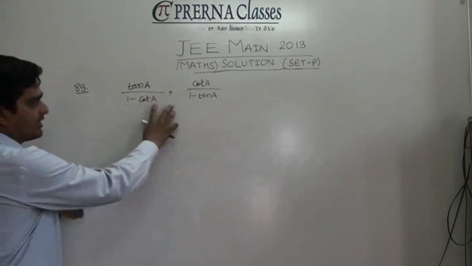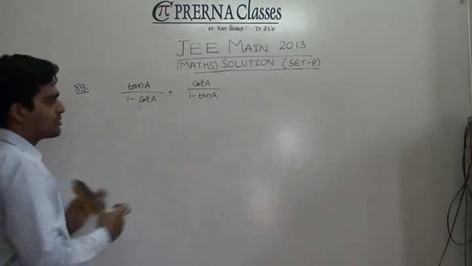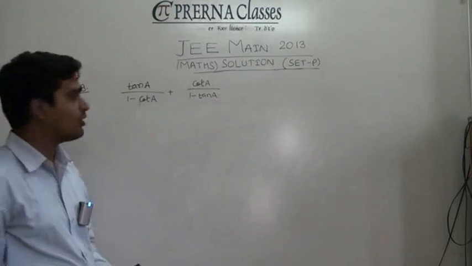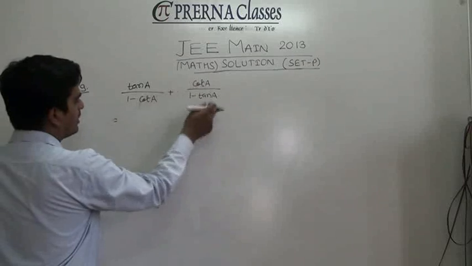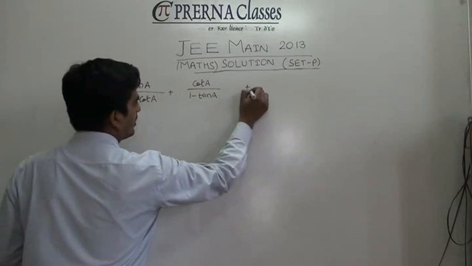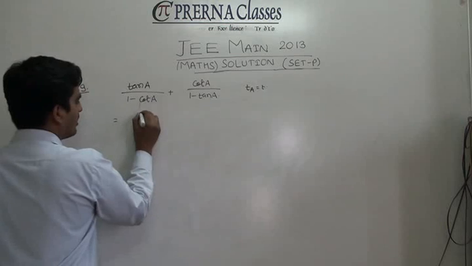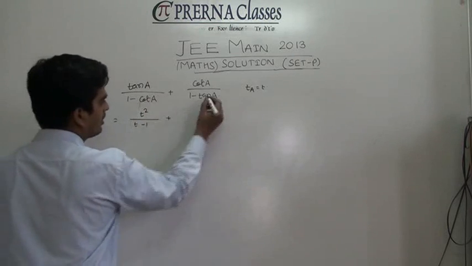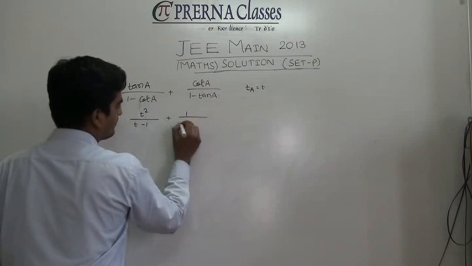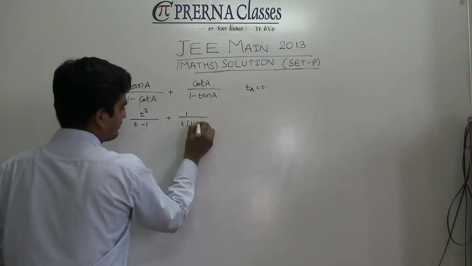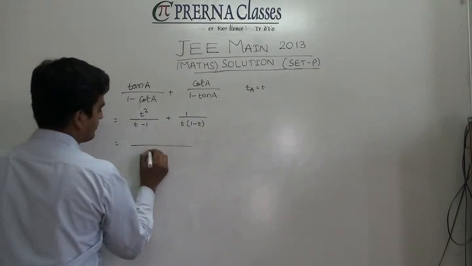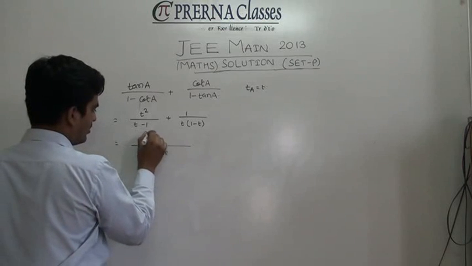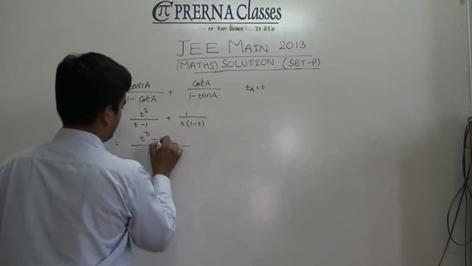Okay, in the 89th one, this is the expression you have which you need to simplify. One option is that you take some suitable angle A and match with one of the options. Alternatively, if we convert all of them into tan A and I'm taking tan A as t, you can check, this becomes t square by t minus 1 and this quantity, so if we take LCM, we are going to have t cube minus 1.